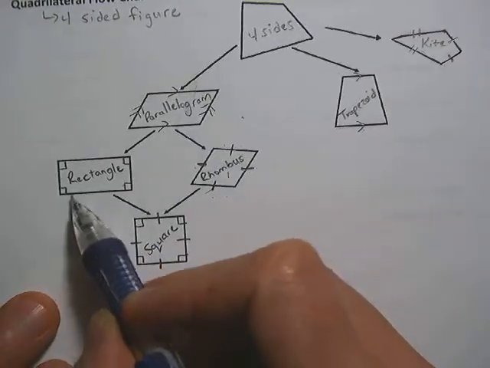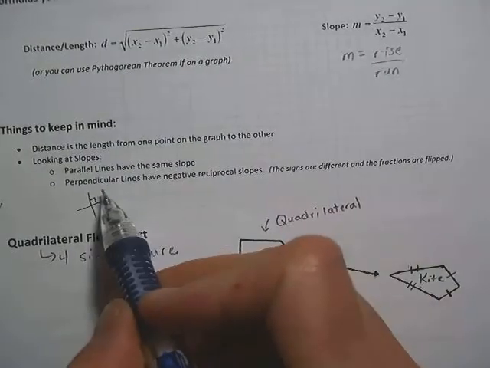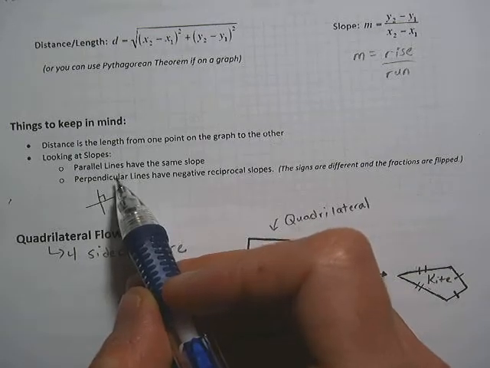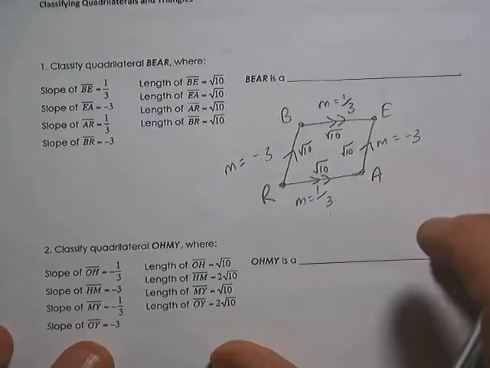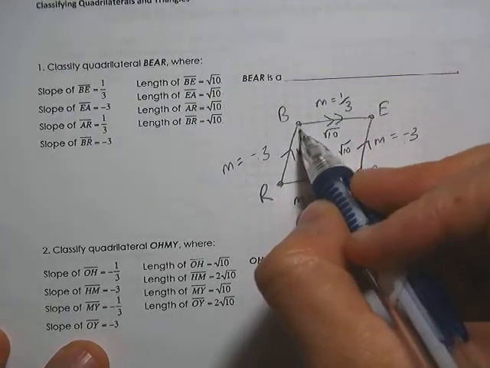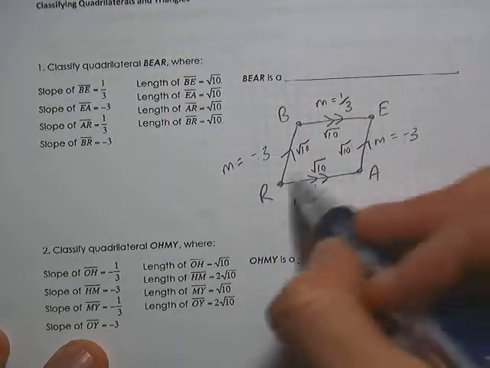Okay, so now how do we tell if it has right angles? Well, remember, lines that cross to form right angles are perpendicular and they have negative reciprocal slopes. So to see if these lines are perpendicular to each other, in other words, we have right angles, I'm going to check the slopes of the lines that connect.